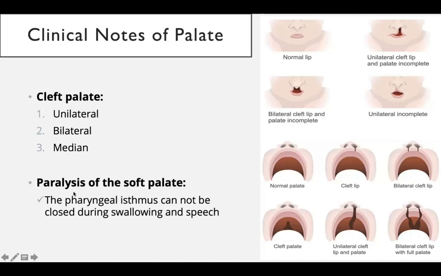So if there is paralysis and the pharyngeal isthmus cannot close, then aspiration pneumonia can happen. How? First, if we eat, food can enter into the windpipe.